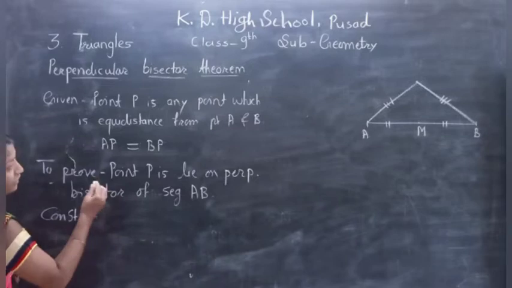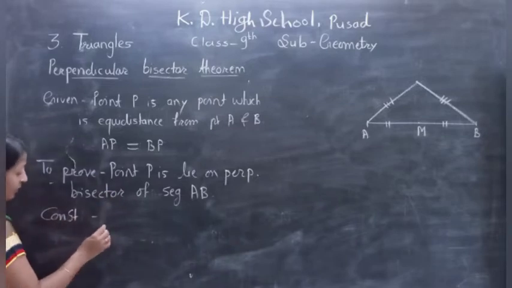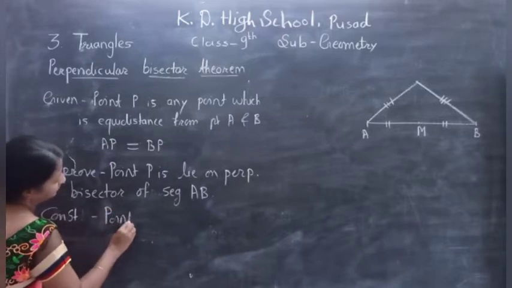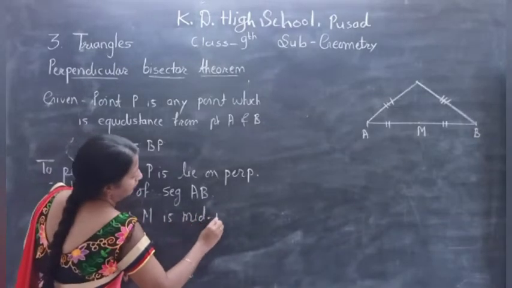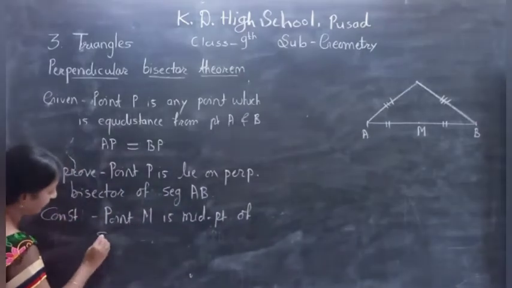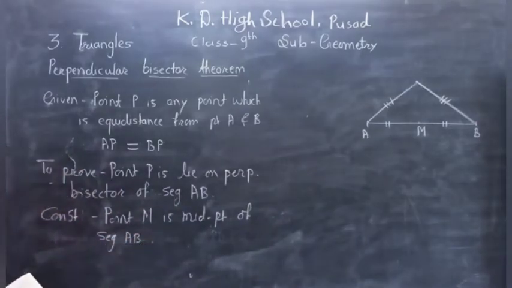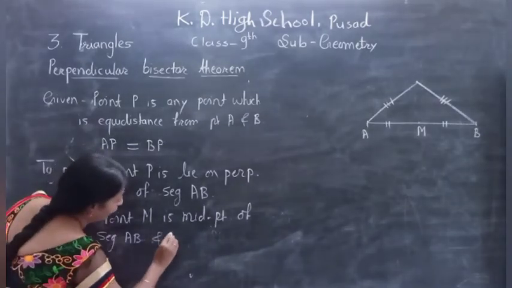In the construction, we take point M as the midpoint of segment AB, and draw line PM.